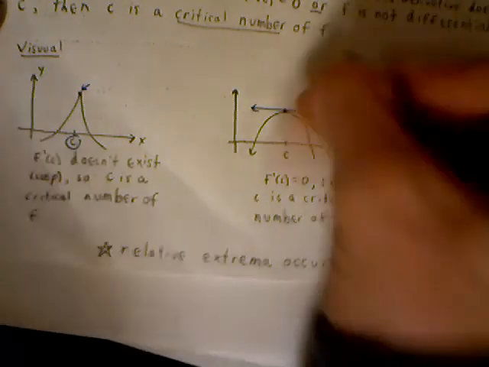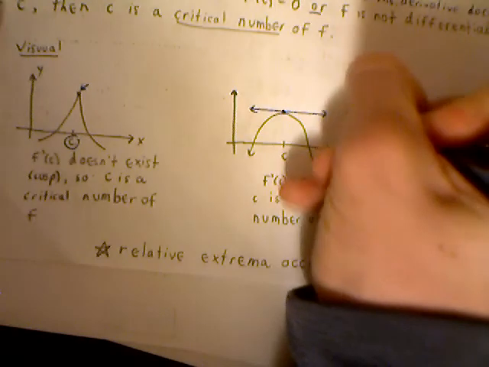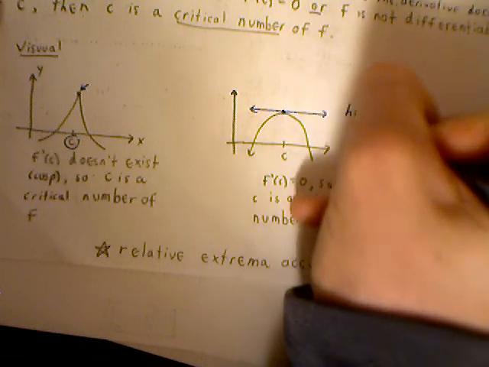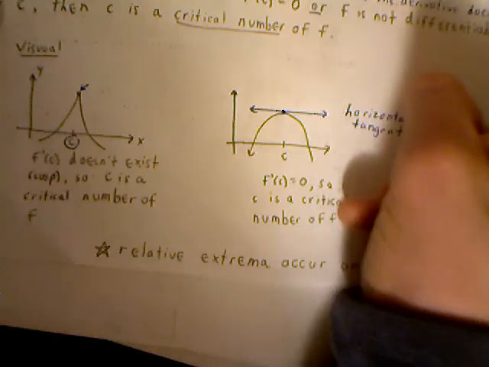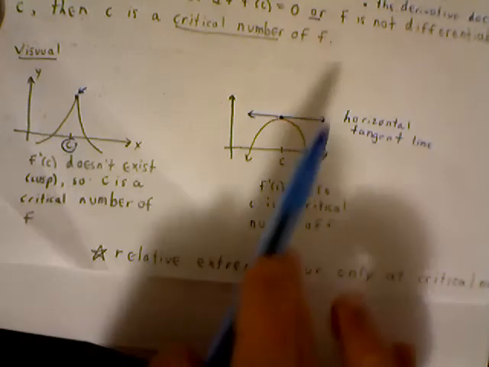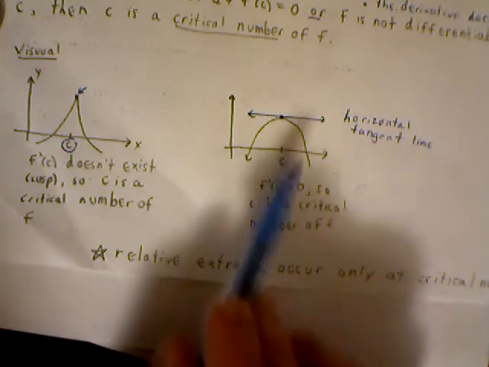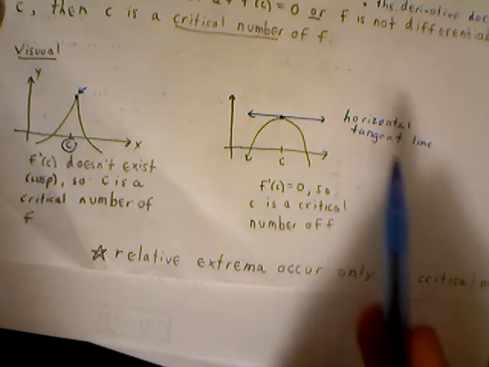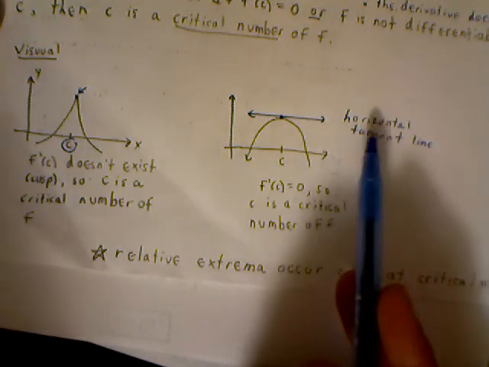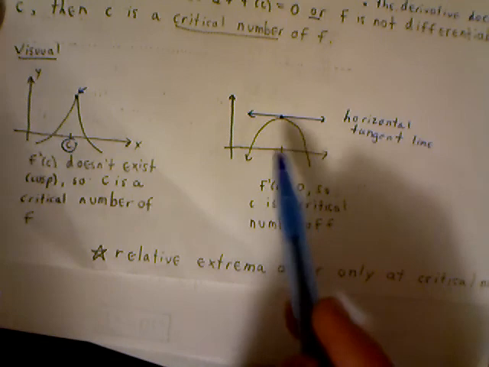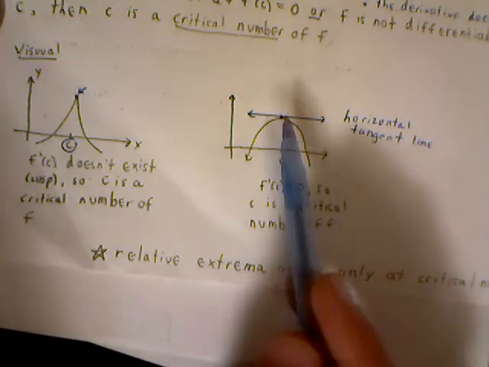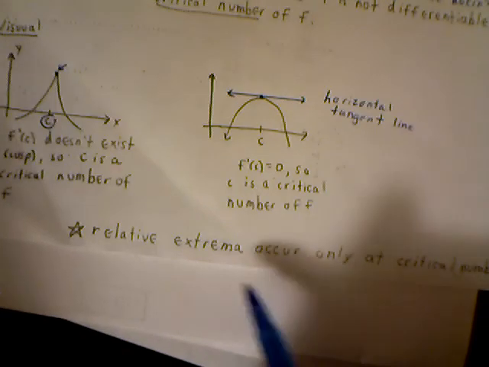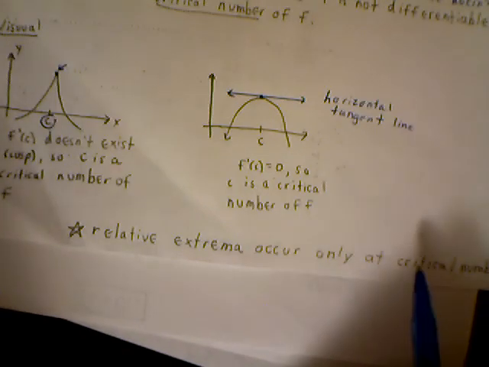This is also a horizontal tangent line. So critical numbers occur at places where the slope is 0, or wherever we have horizontal tangent lines. Relative extrema occur only at critical numbers.